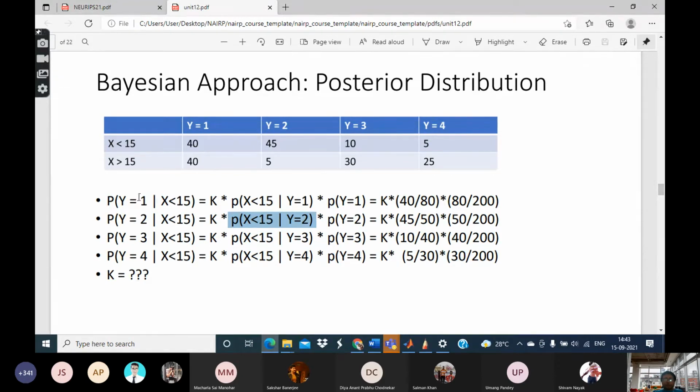That is, you know that probability of y equal to 1 given x is less than 15 is equal to some value times k. This probability is also some other value times k. The same with this one and this one. Okay. So the only thing that we do not know so far is k. Now, from what you can already see here, can you tell me how I can get k easily?